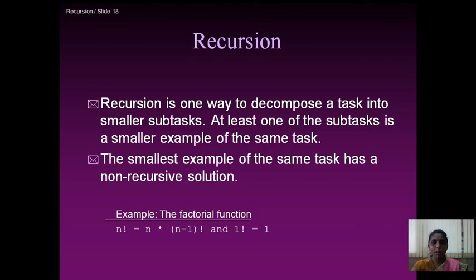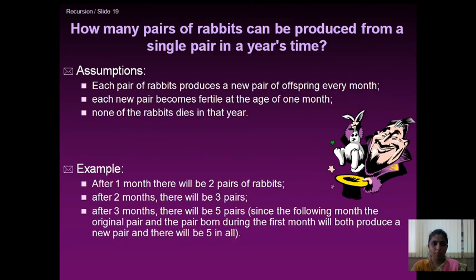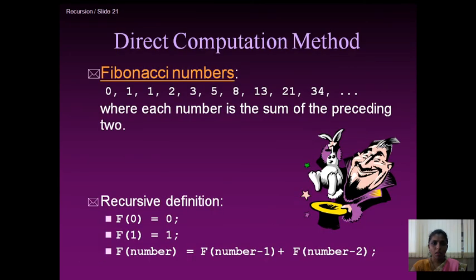The smallest example of the same task has a non-recursive solution. In the case of factorial, when the n value is equal to 1, that is the smallest task, or the smallest example. It gives the solution to the biggest examples.